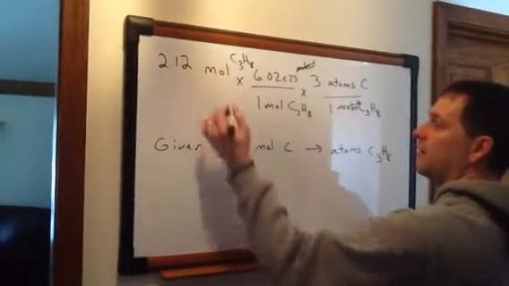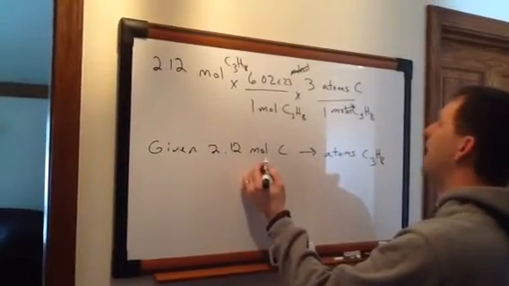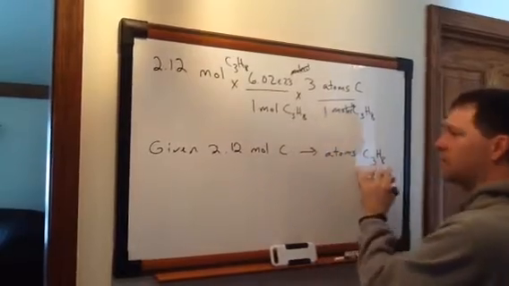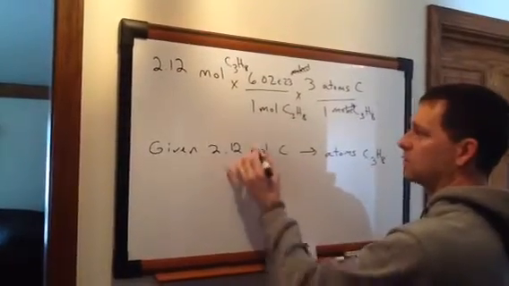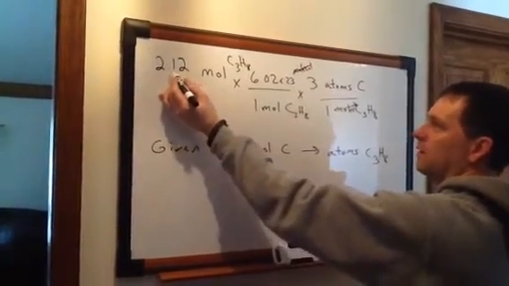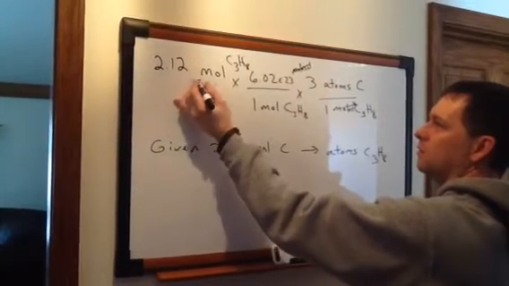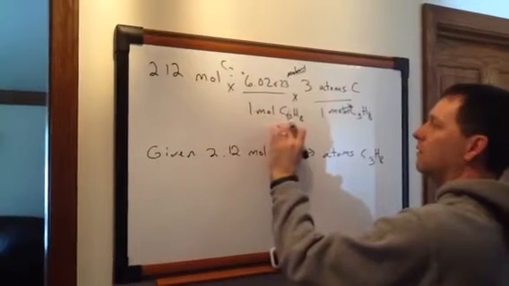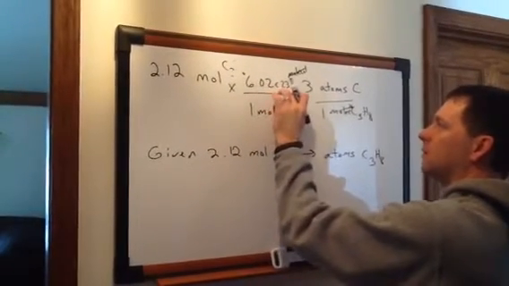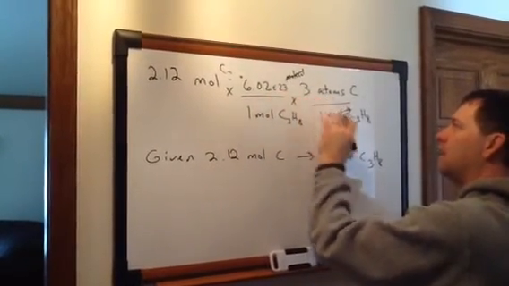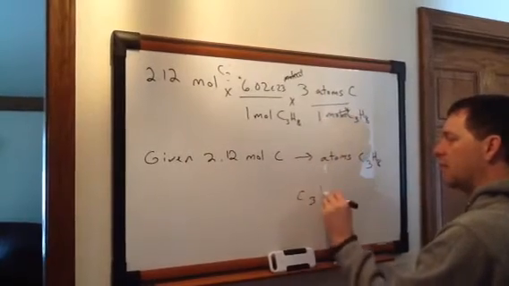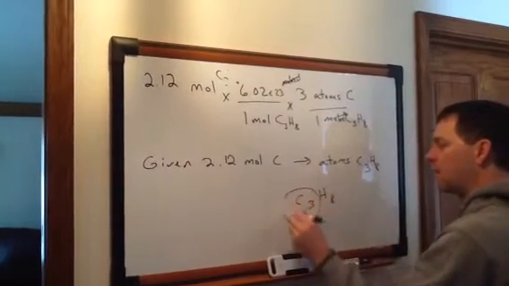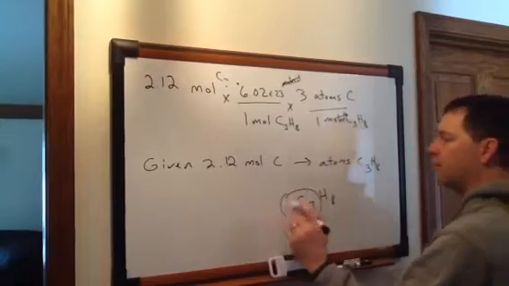First problem, we're going to find the number of atoms in C3H8 if we're given 2.12 moles of carbon. Step 1 is to write the given information down, 2.12 moles of carbon. And then in 1 mole of this, there's 6.02 e to the 23rd molecules. And because it's C3H8, there are 3 atoms of carbon per every molecule.